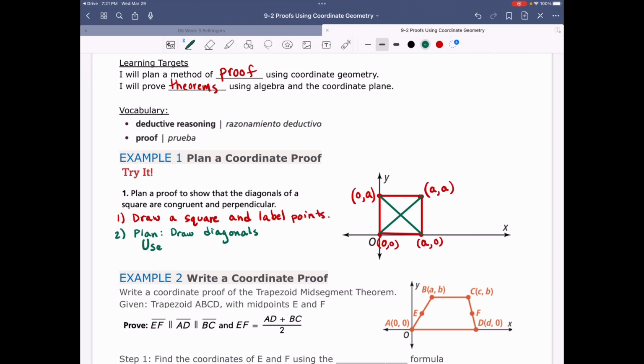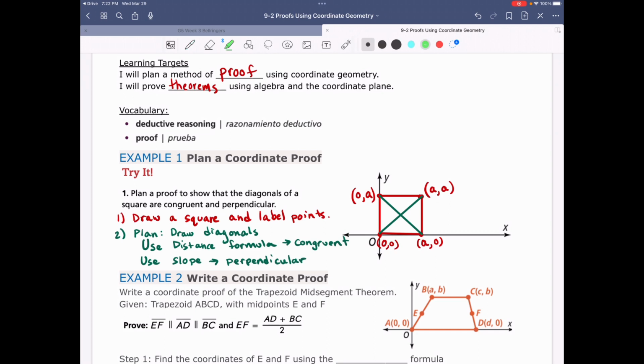So use the distance formula, and that's to prove they're congruent. And we also need to prove that they're perpendicular, so we will use slope to show they're perpendicular. And then the next step is we have to carry out that plan.